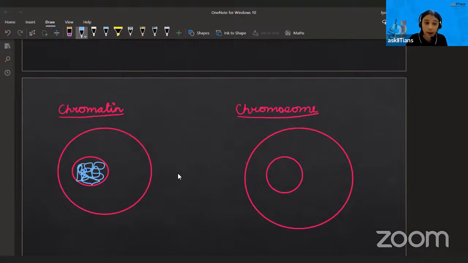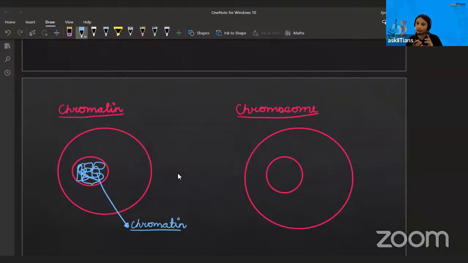But when the cell enters cell division, this scattered form of DNA is known as your chromatin. This scattered form of DNA is your chromatin. But when the cell enters its cell cycle, then what happens?